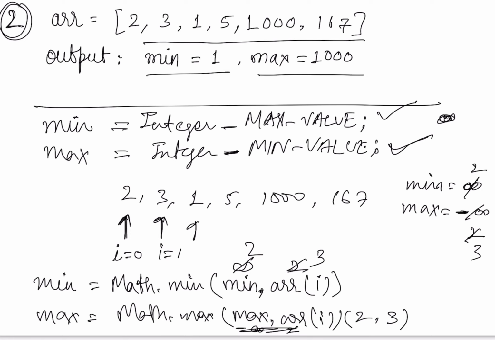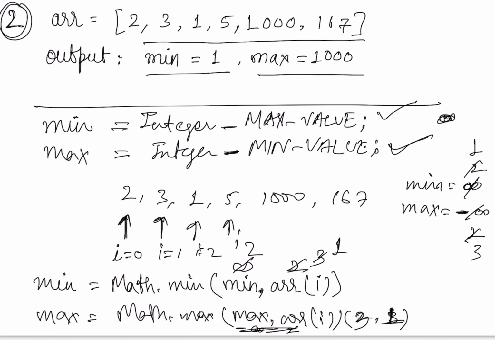Then at index I equal to 2, the value is 1. The minimum value is 2, and the current value is 1, so between 2 and 1 the minimum is 1, and we update the minimum to 1. For max, the current maximum is 3 and the current value is 1, so between 3 and 1 the maximum is 3, so no need to change.